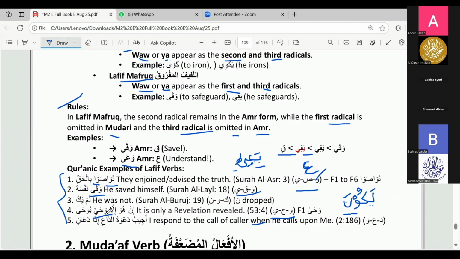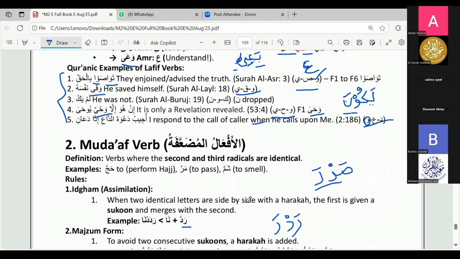Here is waw in the first radical and ya in the third radical, so it is lafif mafruk, because the radicals are distant from each other, and the root letters are wa, ha, ya. Now the 5th example is actually about the nakis verb, because when the weak letter is in the third radical, that is the rule of nakis, which is already covered.